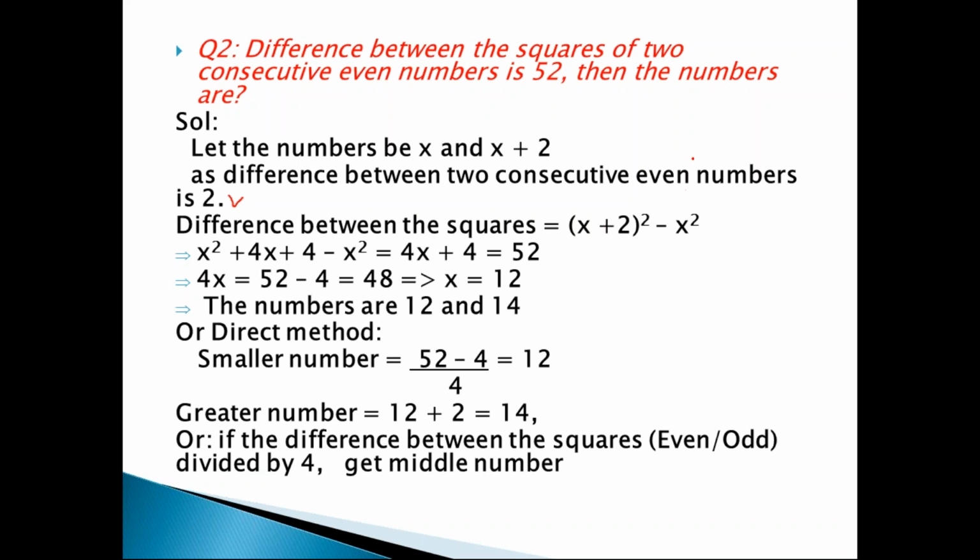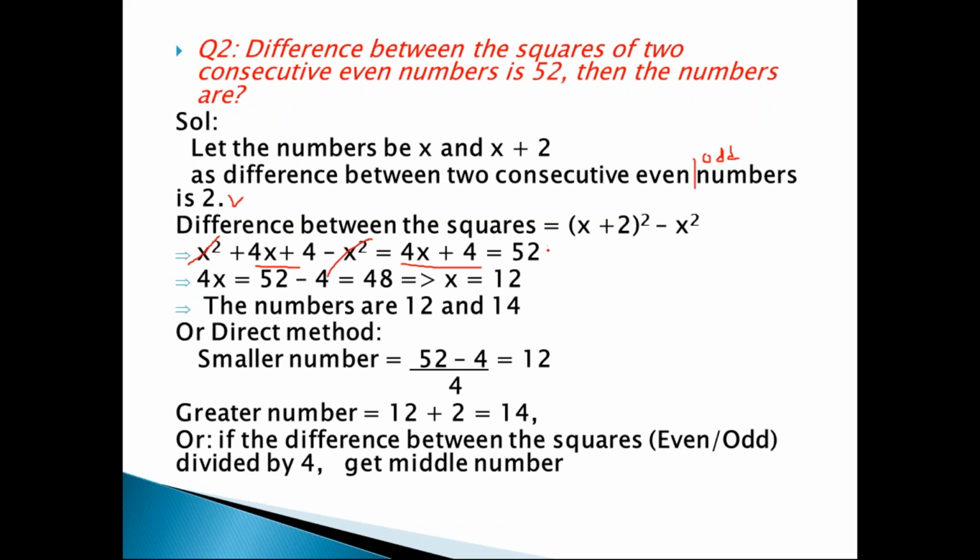Consecutive even numbers or odd numbers will always differ by 2. Then the difference between the squares is (x plus 2) square minus x square. (x plus 2) whole square gives you x square plus 4x plus 4, and x square is x square. Here strike off this x square and x square, which gives you 4x plus 4.